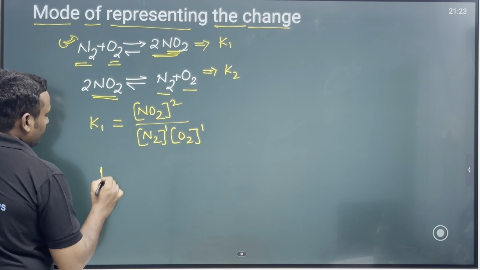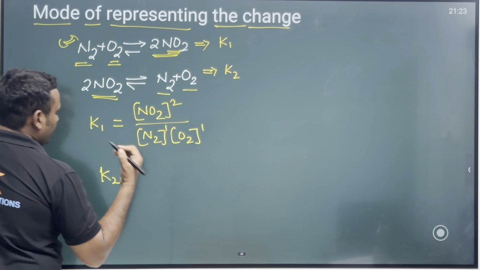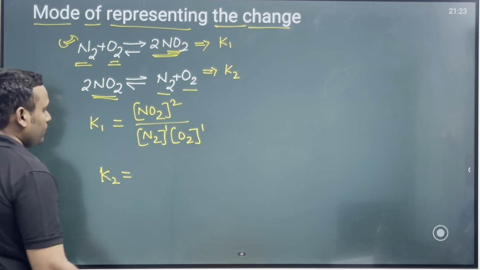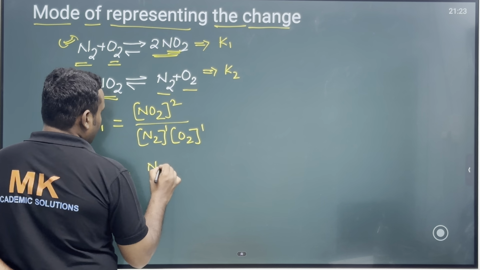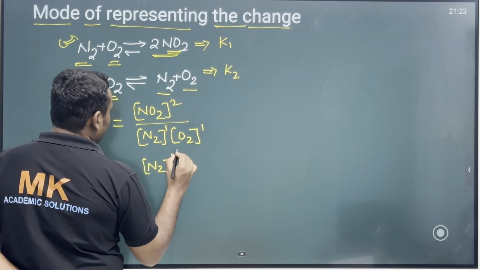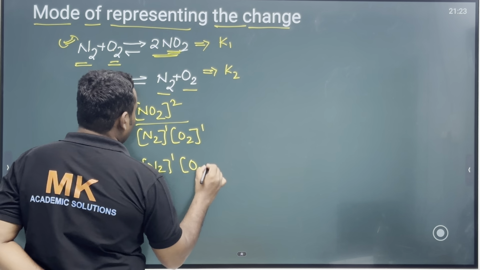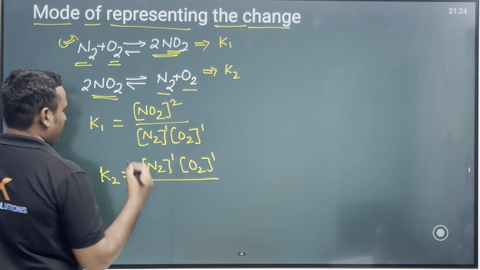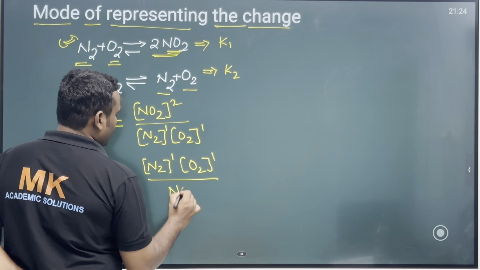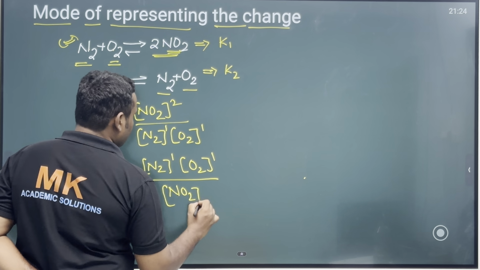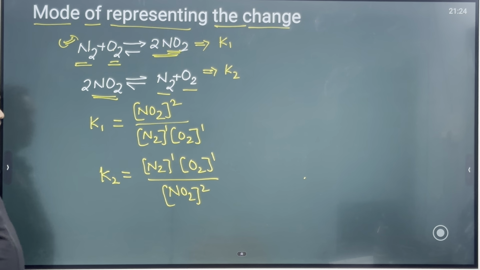And you write the K2. So K2 is equal to N2 power 1 and O2 power 1 by NO2 square. Okay, so this is the K2.